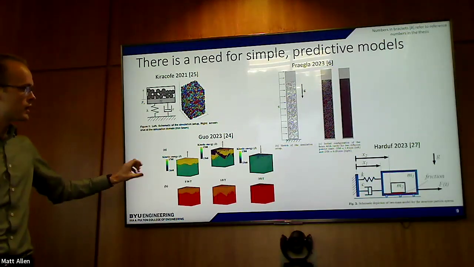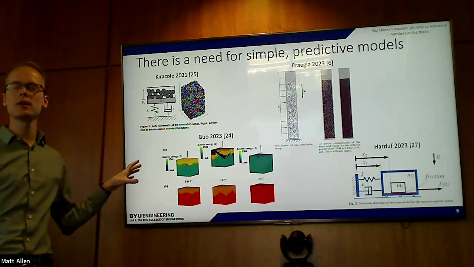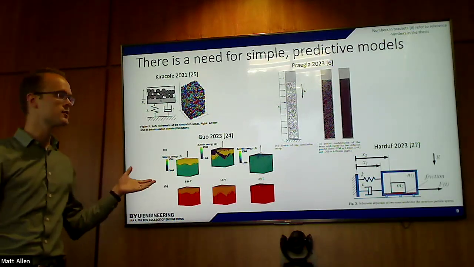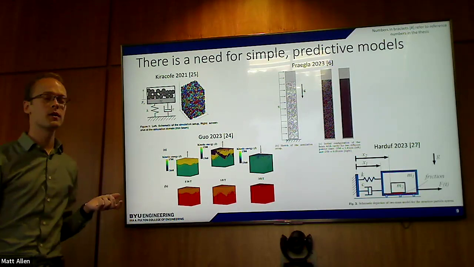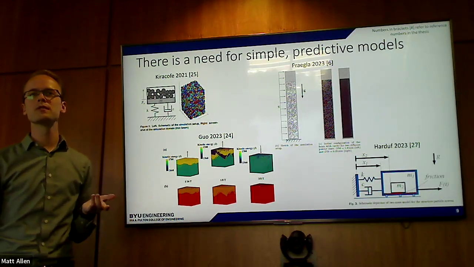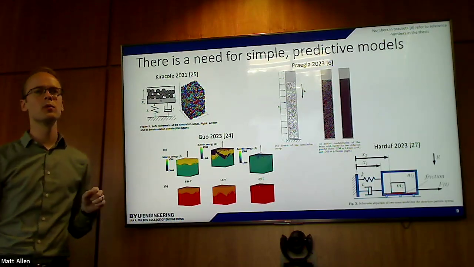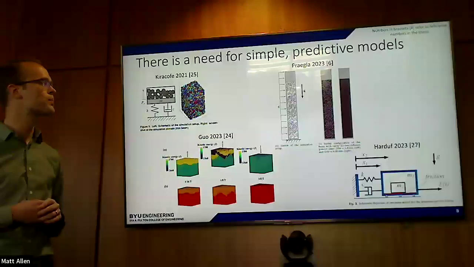This study in the bottom actually simulated several 100,000 particles, which was pretty impressive. It's a rather large simulation, and they got interesting insights out of that. But actually, our parts have millions of particles of metal powder in them. So it's really infeasible to run simulations where you're actually modeling every particle of metal.